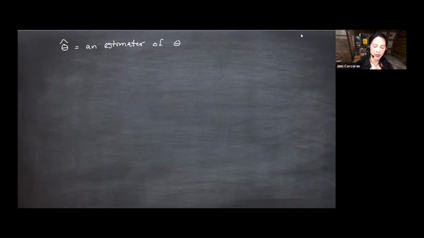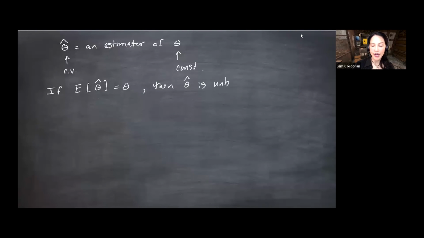And so this guy is a random variable, and this guy is a constant. And if the expected value of this random variable is equal to the constant, we say it's an unbiased estimator. Or more casually, we say that theta hat is unbiased for theta.